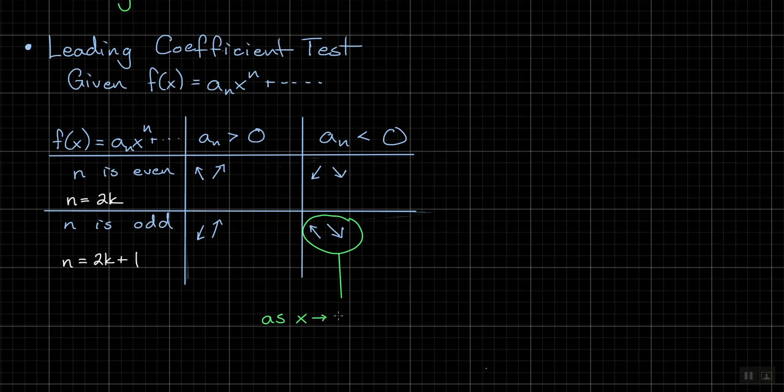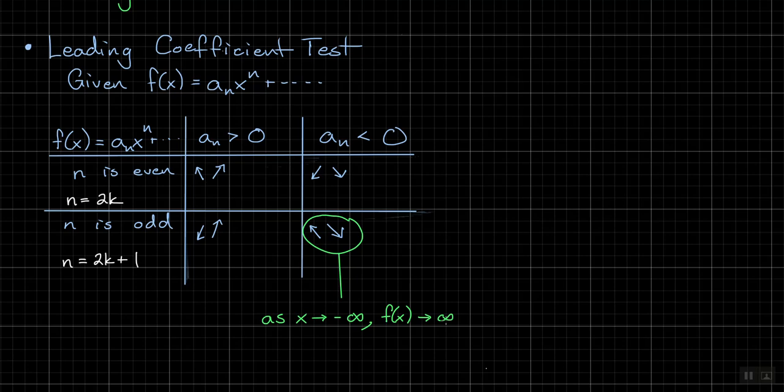The formal notation here is as x approaches negative infinity, we see something happening with the y values of my function. As x approaches negative infinity here, what does f of x approach? Positive infinity. Now, what this is telling me, just like written here, as you go really far left for your function, its values go really high up, which to me certainly looks like up and to the left.